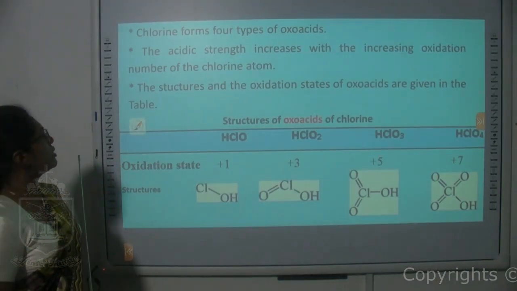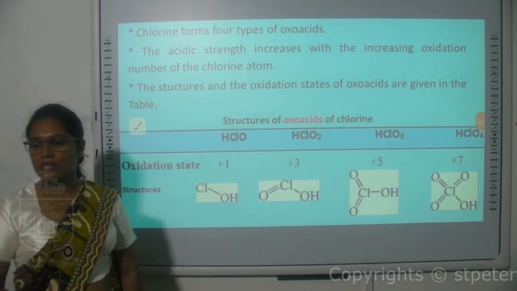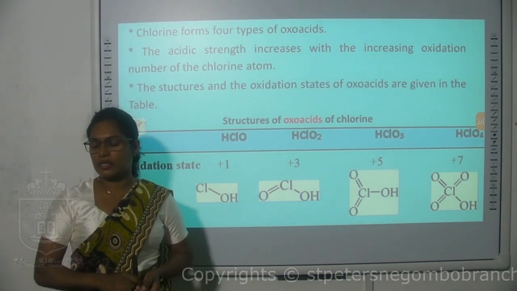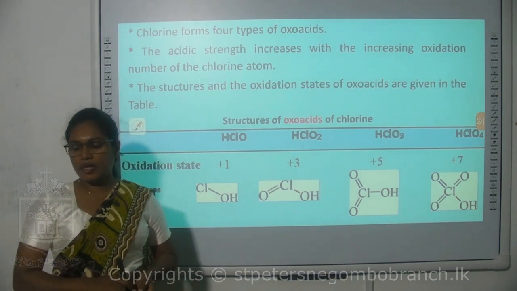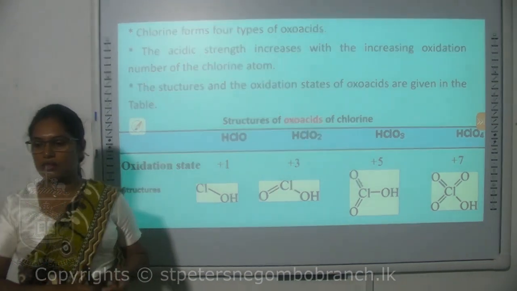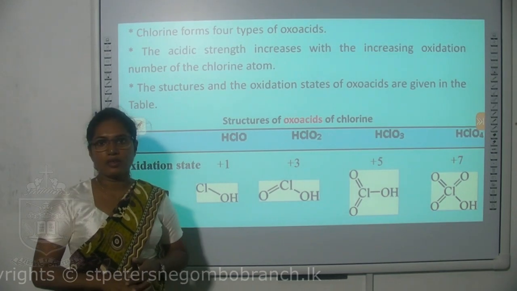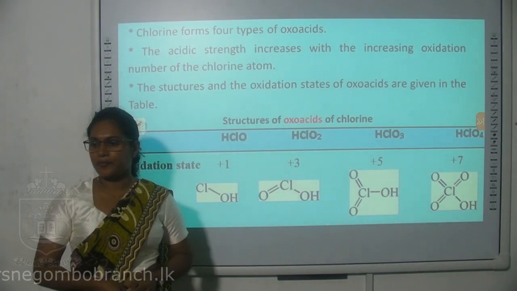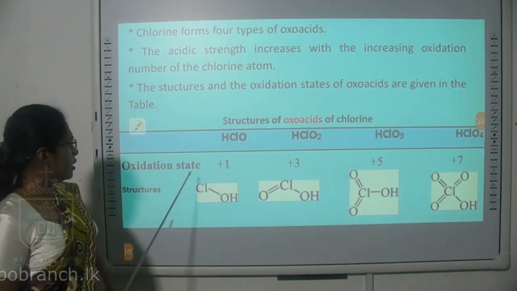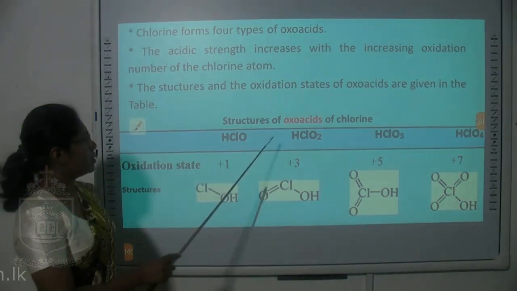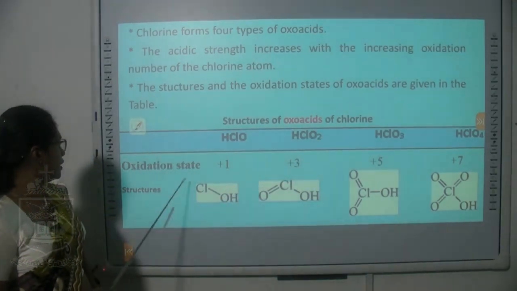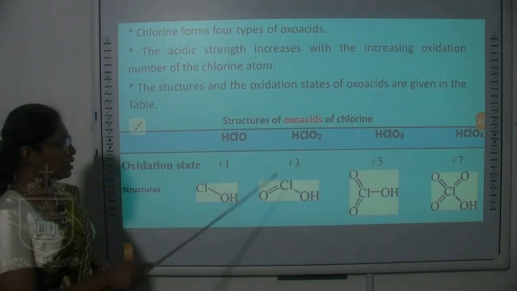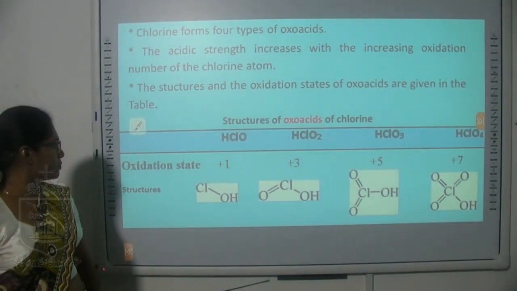Now we have to consider the oxo acids. Chlorine forms 4 types of oxo acids, and we have to check the strength of these oxo acids with their structure. Here I have shown you the oxo acids of chlorine and the oxidation states they show in each of these oxo acids.